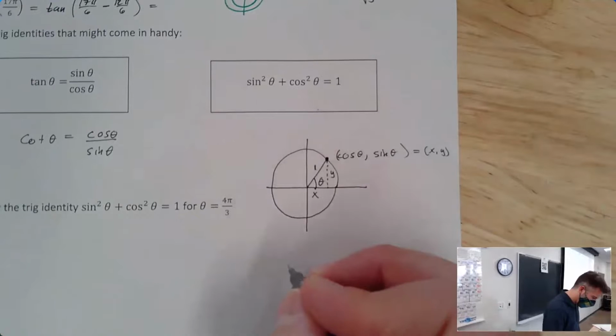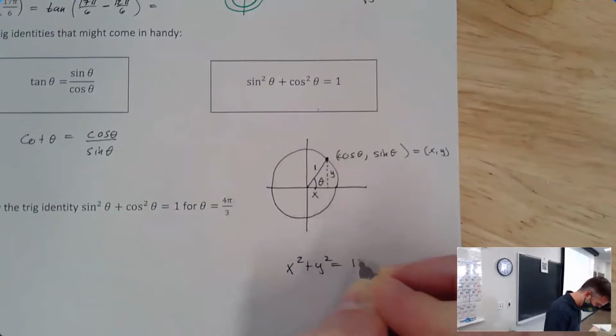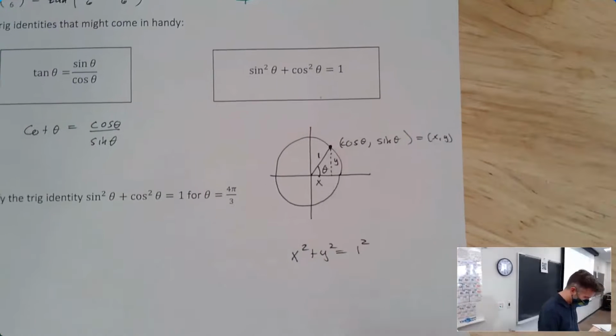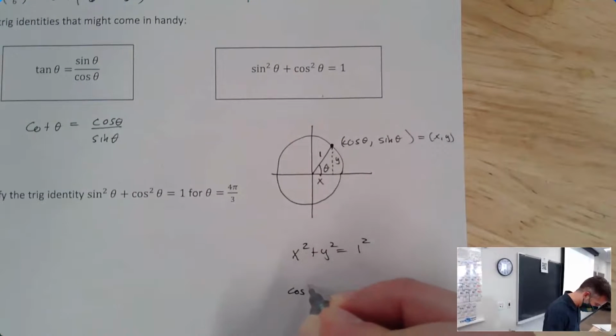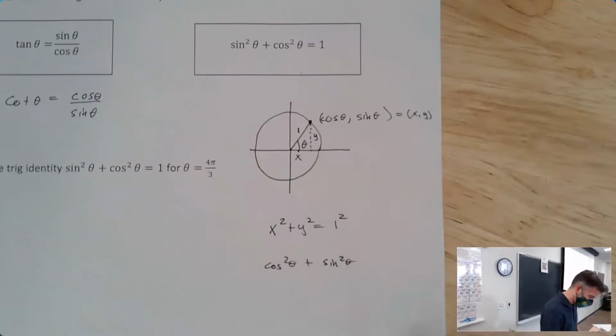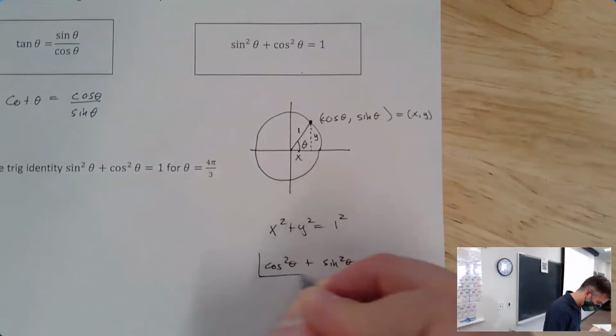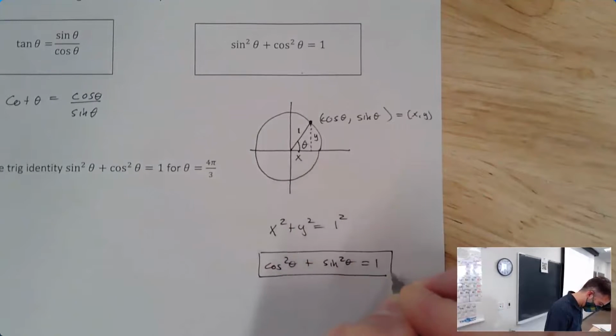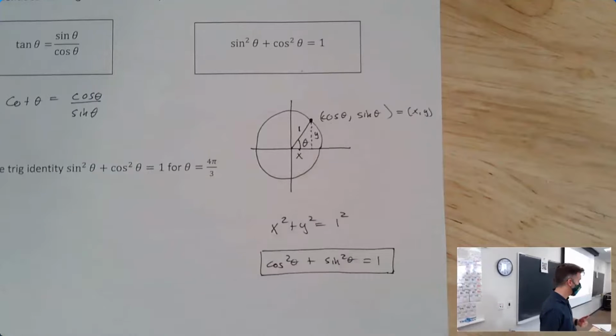If we use the Pythagorean theorem, x squared plus y squared better equal 1 squared. But x is cosine theta and y is sine theta. So cosine squared theta plus sine squared theta should equal 1. This is called a Pythagorean trig identity because it's literally coming from the Pythagorean theorem.